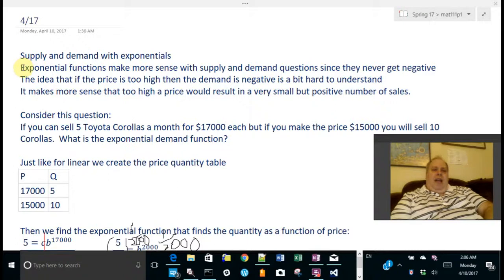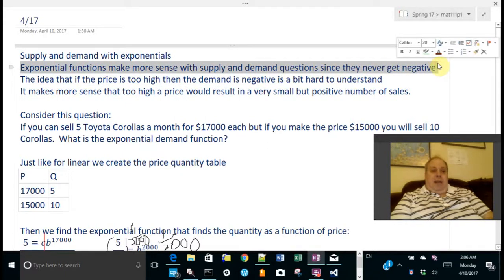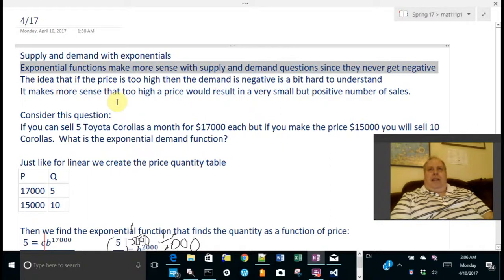Now, exponential functions make a lot more sense with supply and demand than the linears we did towards the beginning of the semester. The idea in linear demand functions, if the price got too high, the demand went negative, which was hard to imagine.